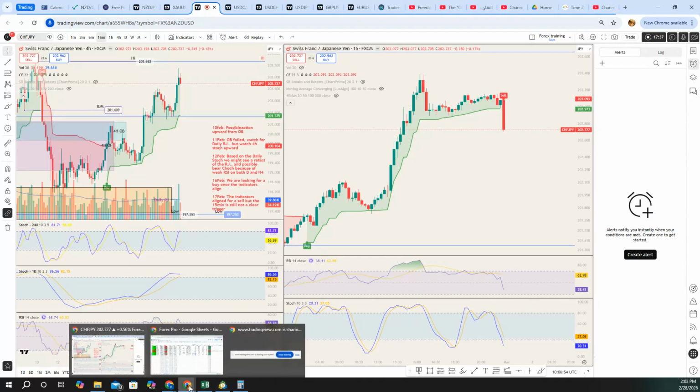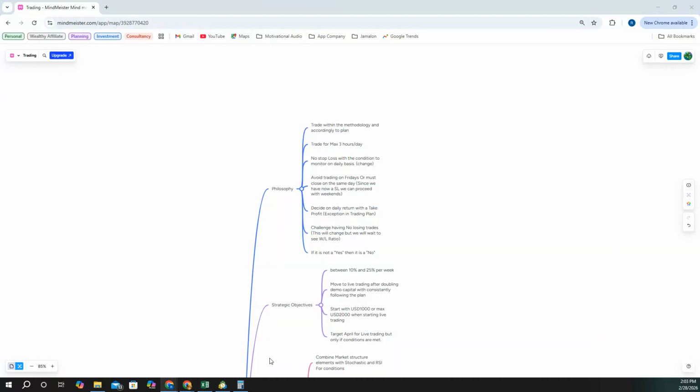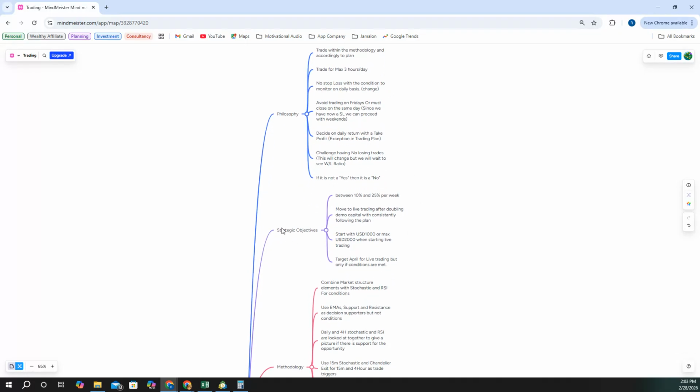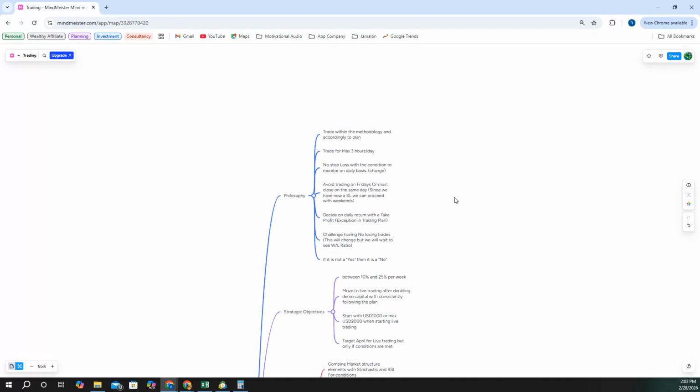We need to keep on trying to find ways to implement these steps in an evolving matter. We need to become better and better at applying those rules that we have put for ourselves. And the question is always, how do I apply this rule in the best possible way? So how do I achieve this?